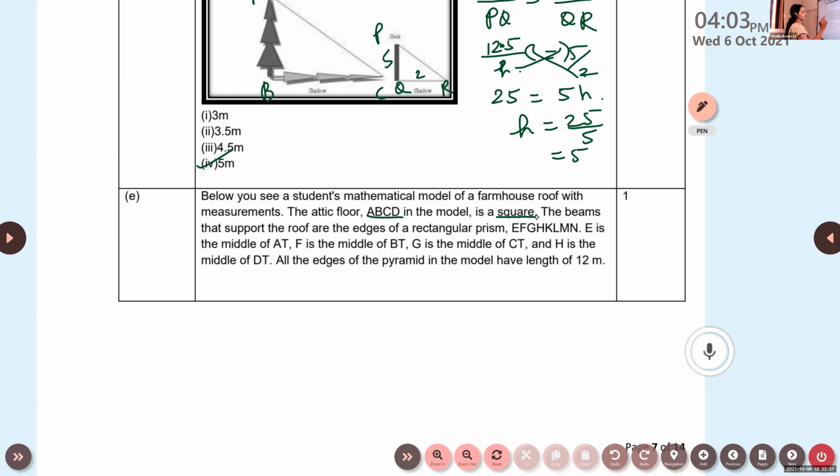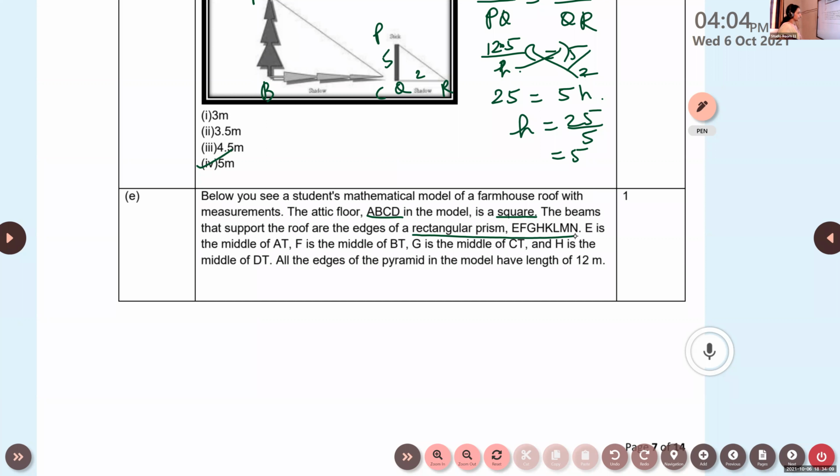ABCD is a square. The rectangular beams that support the roof are rectangular prism. And it is okay, the beams we are taking in the form of a rectangular prism. Then E is the midpoint of AT. F is the midpoint of BT. G, middle of CT.